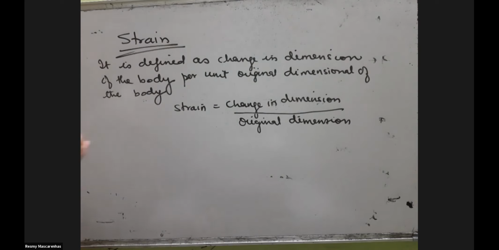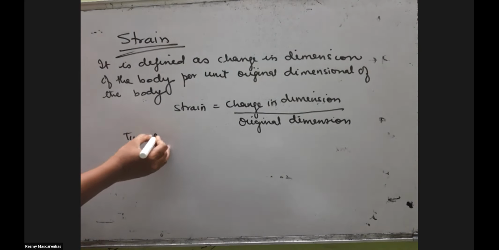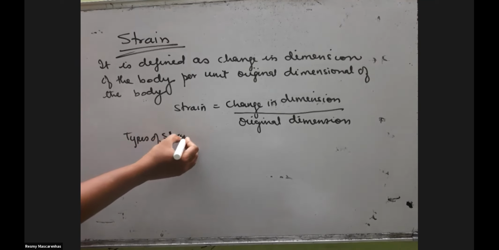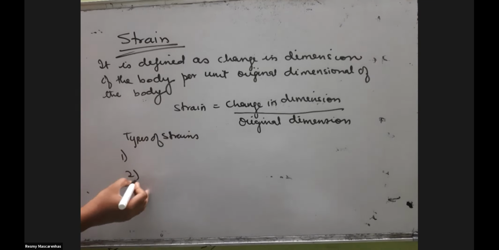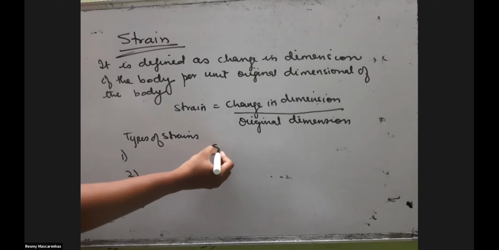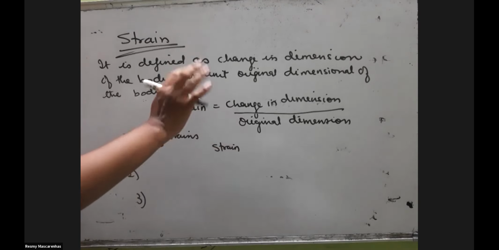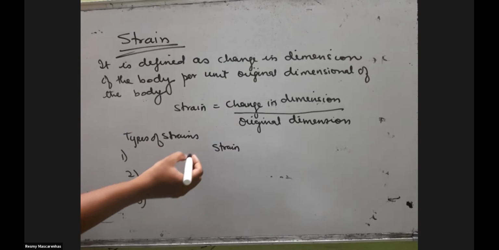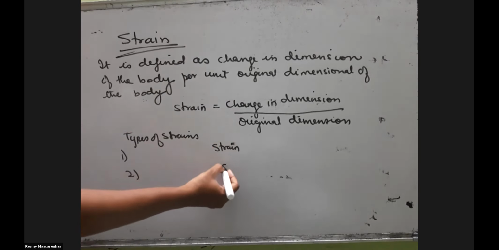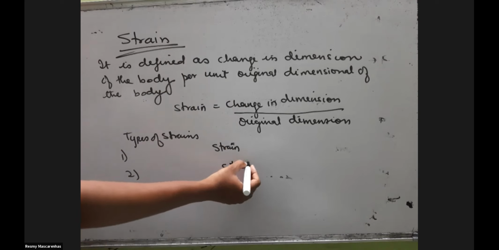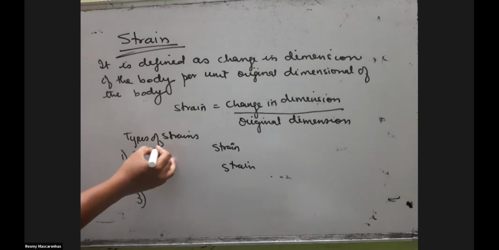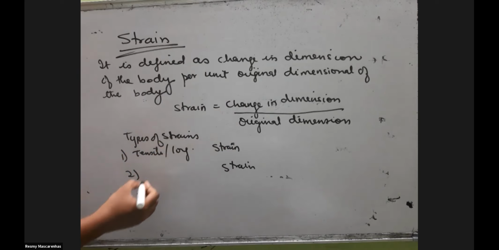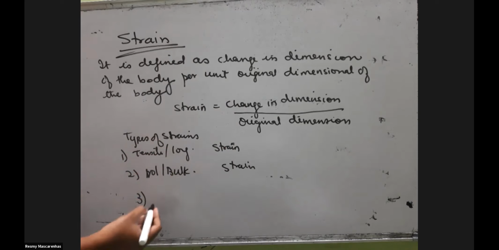Same way, types of strain. Write all the three. Just instead of stress, use the word strain. Strain is tensile or longitudinal, volume or bulk. And the third one is shear or tangential.